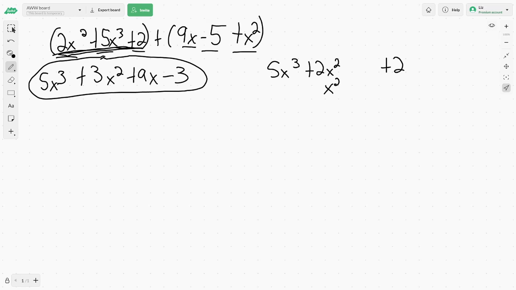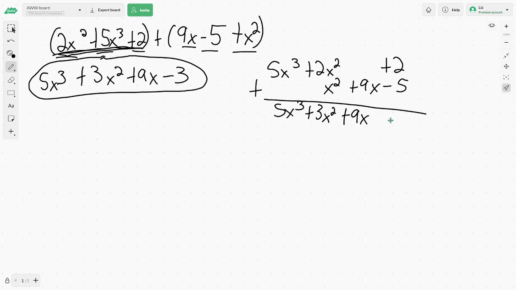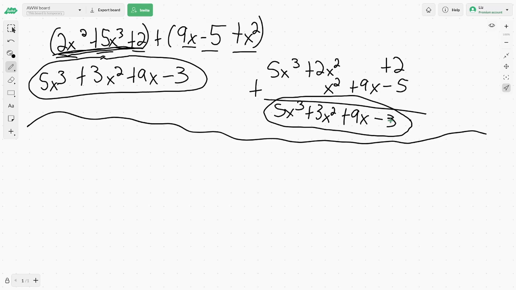I have x squared plus 9x minus 5. Then I'm going to add them this way. 2x squared plus x squared is 3x squared, plus 9x, minus 3. I get the same answer. It's just that one of these methods is going to be easier for you. So you pick which method is easier for you.